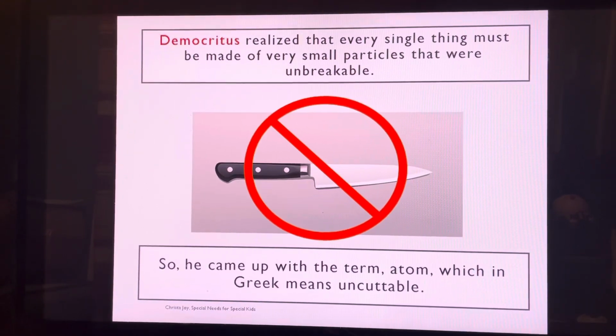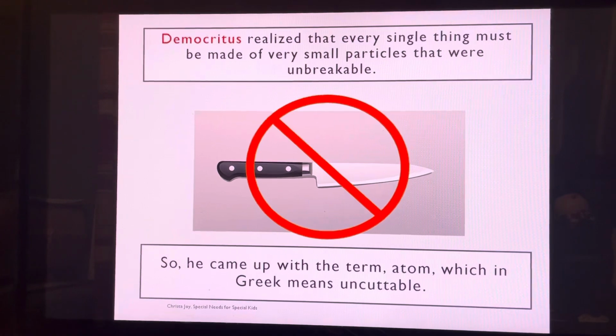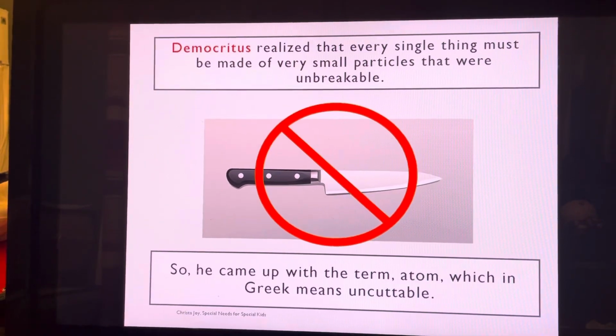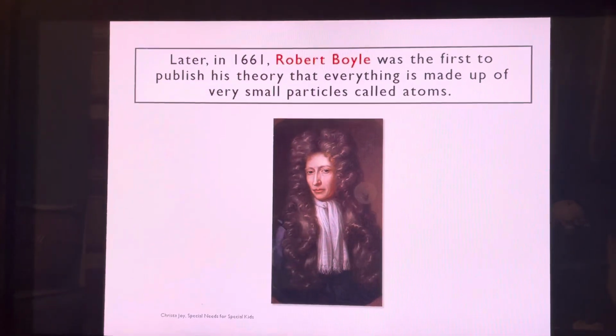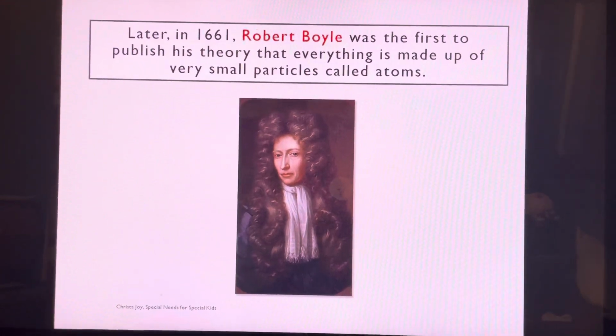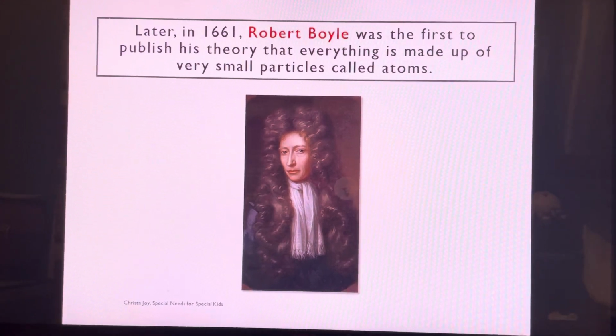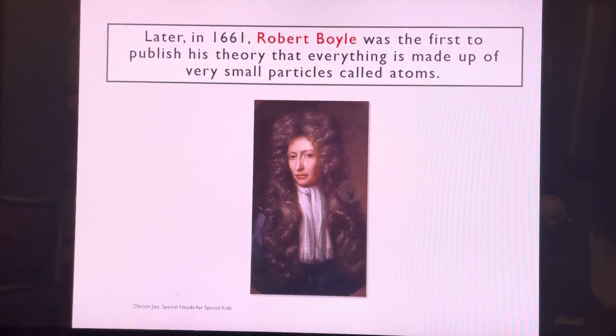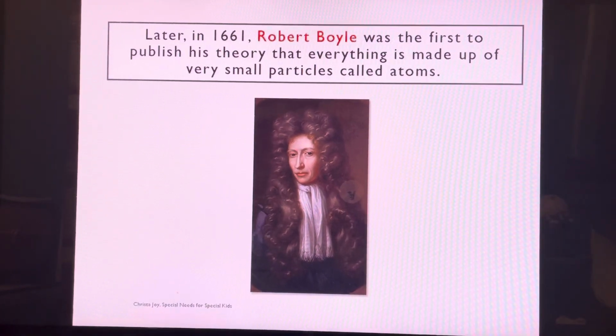So he came up with the term atom, which in Greek means uncuttable. Later, in 1661, Robert Boyle was the first to publish his theory that everything is made up of very small particles called atoms.